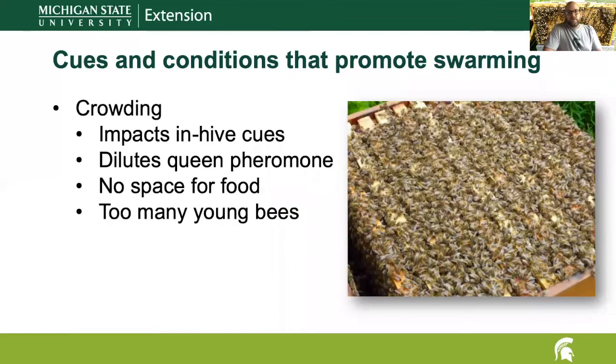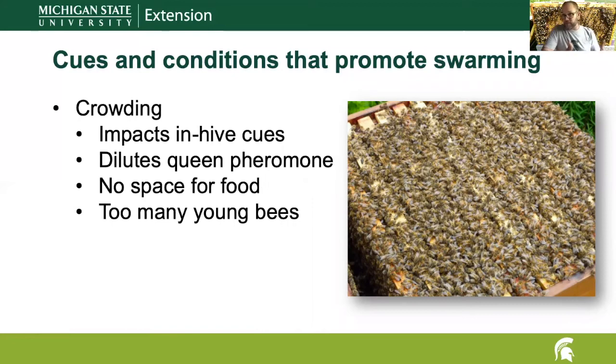All right, so the impact of crowding within hive cues, they're really numerous and they are what drives a lot of the swarm impulses. As population increases, the relative space within the hive decreases, which makes queen pheromone less able to travel throughout the hive. So essentially we're diluting the impact of queen pheromone.